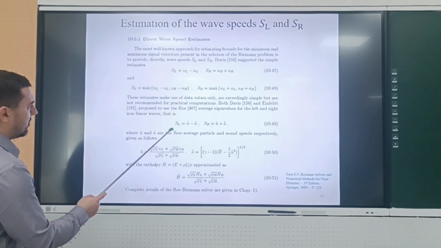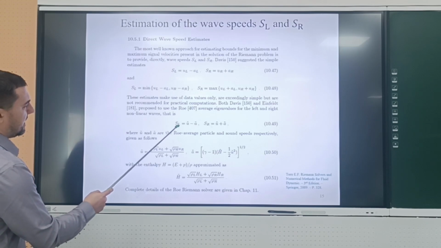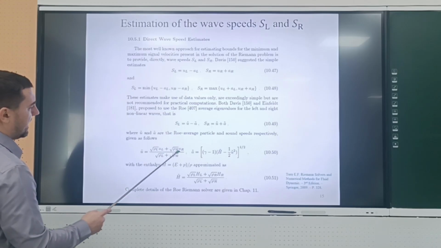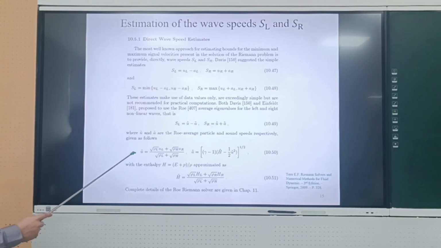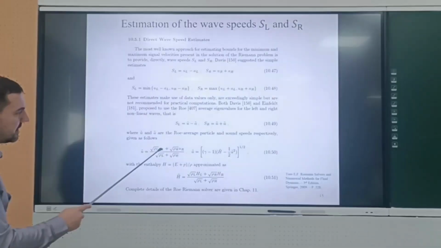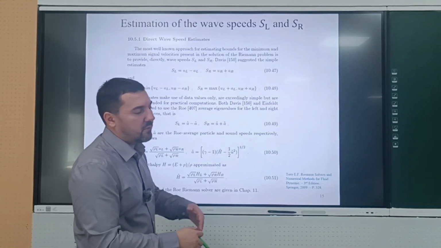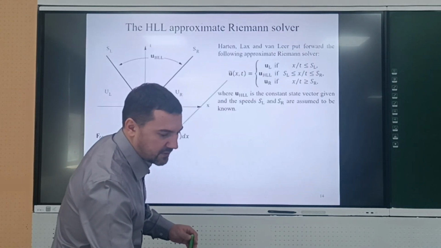It's possible to use another approach. You can use the estimation SL equals U tilde minus A tilde, where U and A are Roe average particle and sound speed velocities. So as I told you, these Roe averaging procedures are used not only for computing these averages here in matrices.